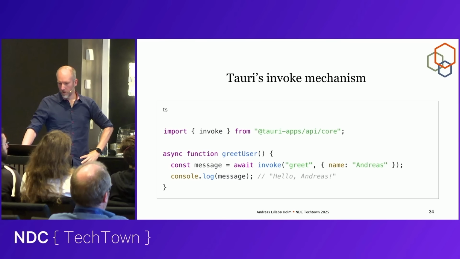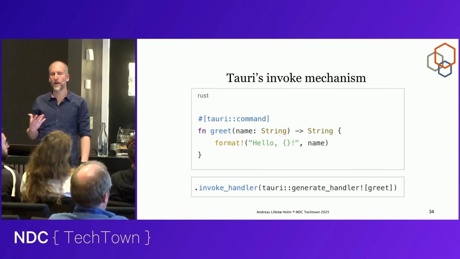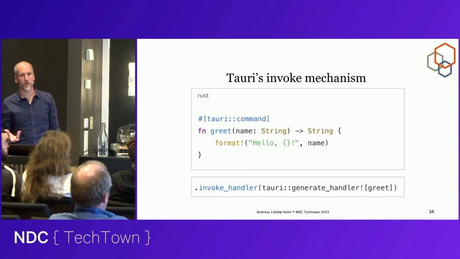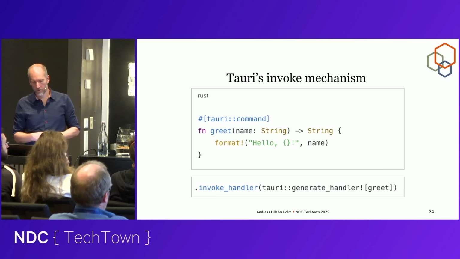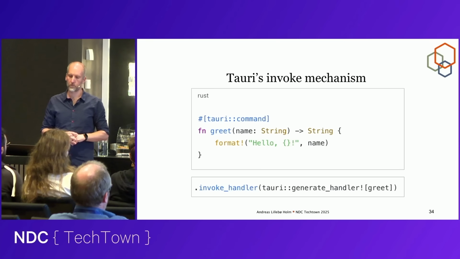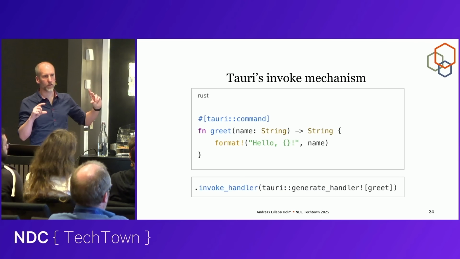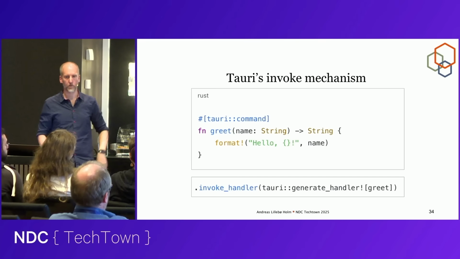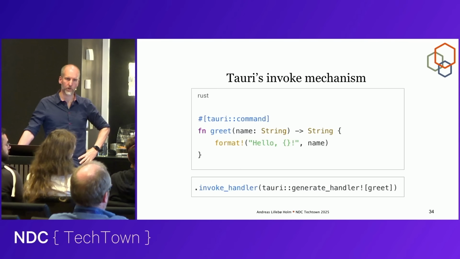On the Rust side, you have to define your API, basically. To define the API, there are some things you need to get right. You have the #[tauri::command] macro, which marks this function as going to be exposed. And you write a function signature like the one you want.